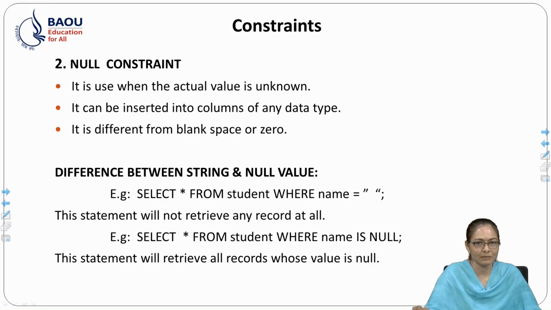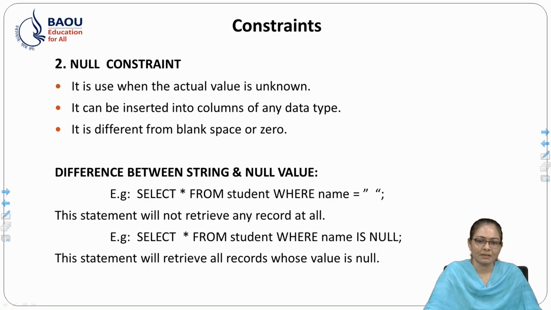For example, select star from student where name is blank. When we do not enter any data, it will not fetch any records. When we fetch the data from the table whose name is blank, this statement will not retrieve any records.